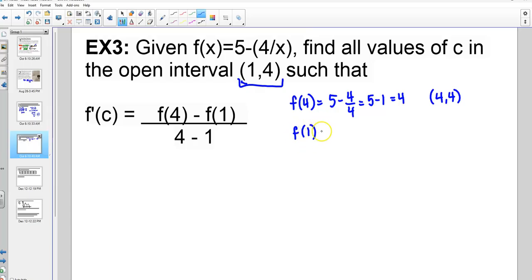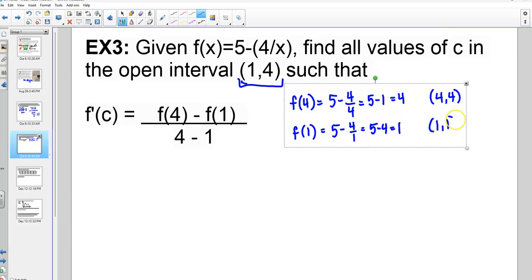I don't know why I did 4 first instead of 1, but it doesn't matter which order you do those in. 5 minus 4 over 1, and that would be 5 minus 4, which will give you 1. So we get the point 1, 1. So our average rate of change is going to be 4 minus 1 over 4 minus 1, which will give us 3 over 3, which will give us 1.